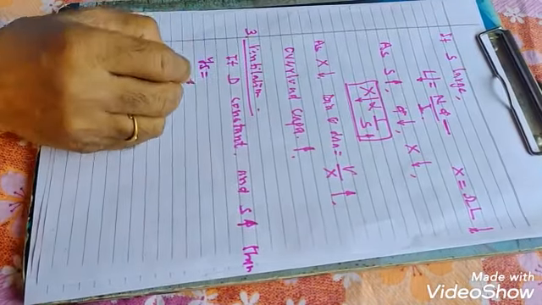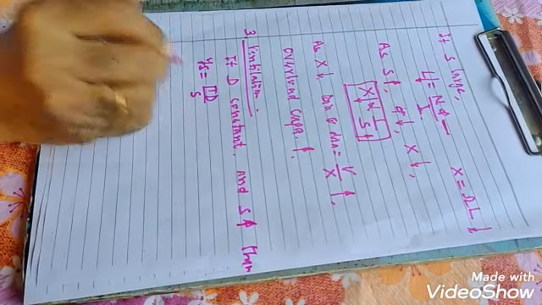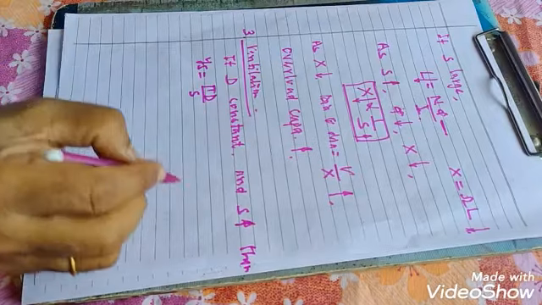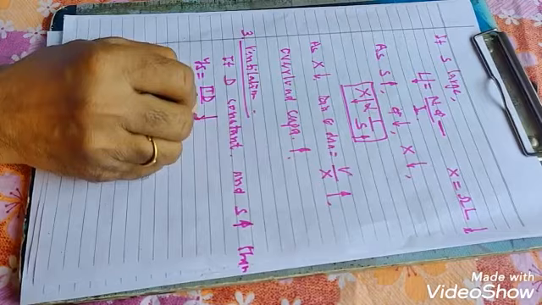Slot pitch is pi D upon S. So if the number of slots is selected large, slot pitch decreases.